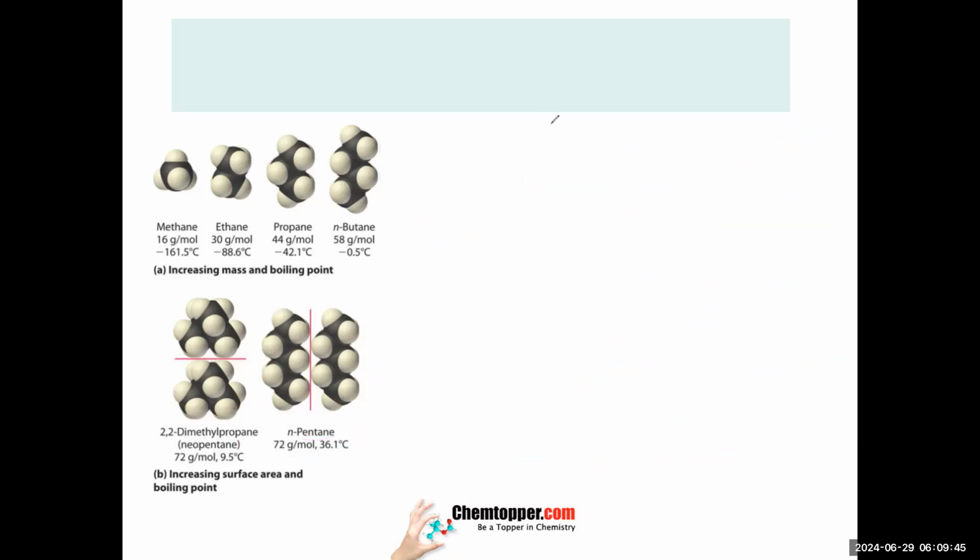Okay, another example is butane, C4H10. Smaller mass, 58 grams per mole. You can have all the 4 carbons in a straight chain like this. Then you can put hydrogens, 3 here, 2 here, 2 here, and 3 here. Then you can have one branching, meaning 3 carbons in the main chain and one branching.